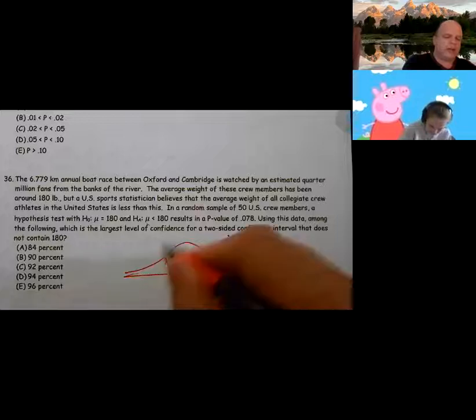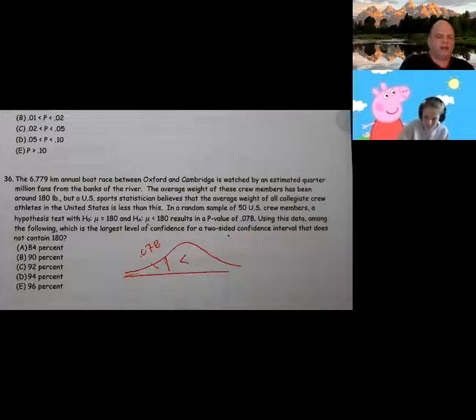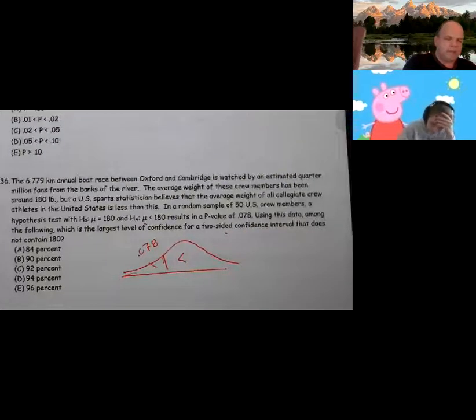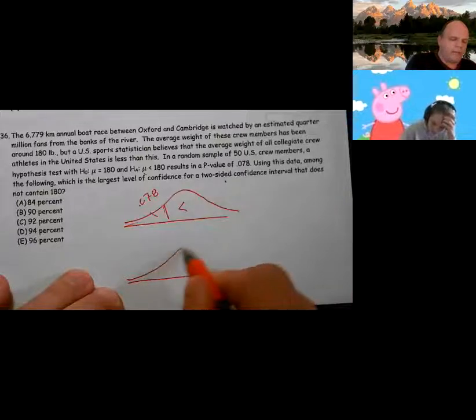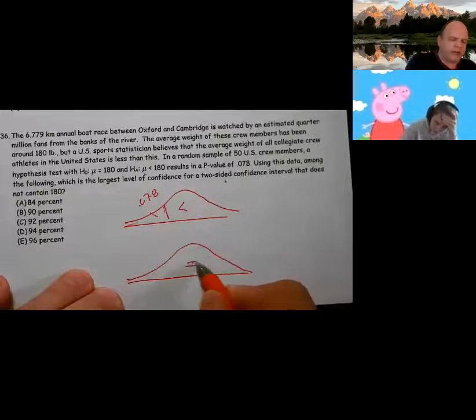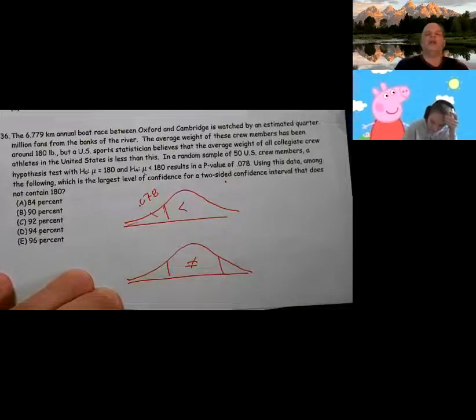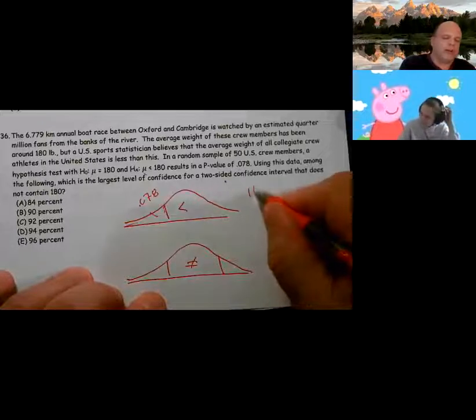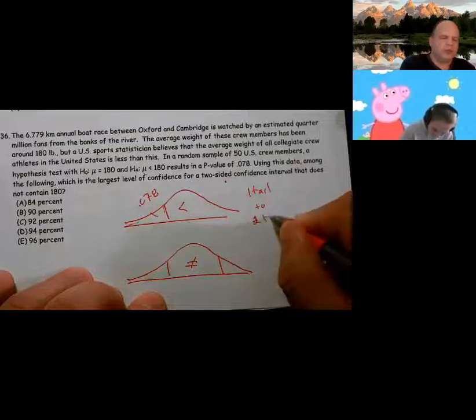we currently have a p-value of 0.078 for a less than. But we want to convert this to a hypothesis test which is a not equal to. This is key. One tail to two tail, double.